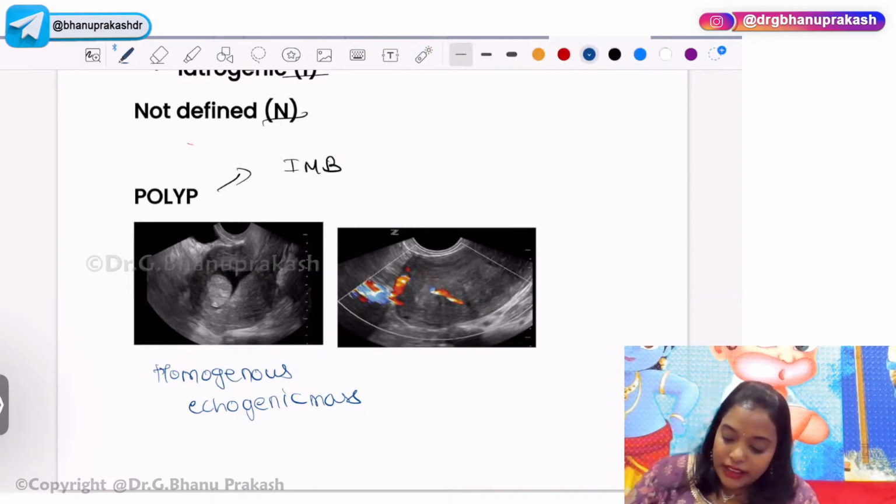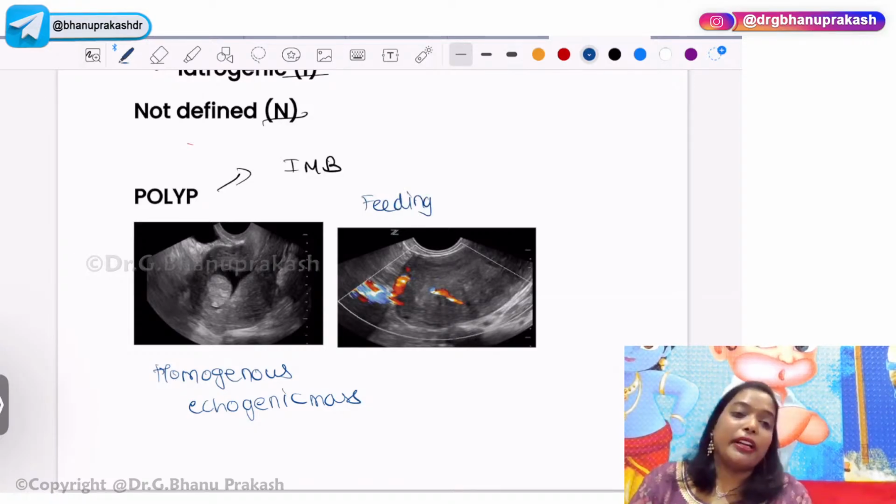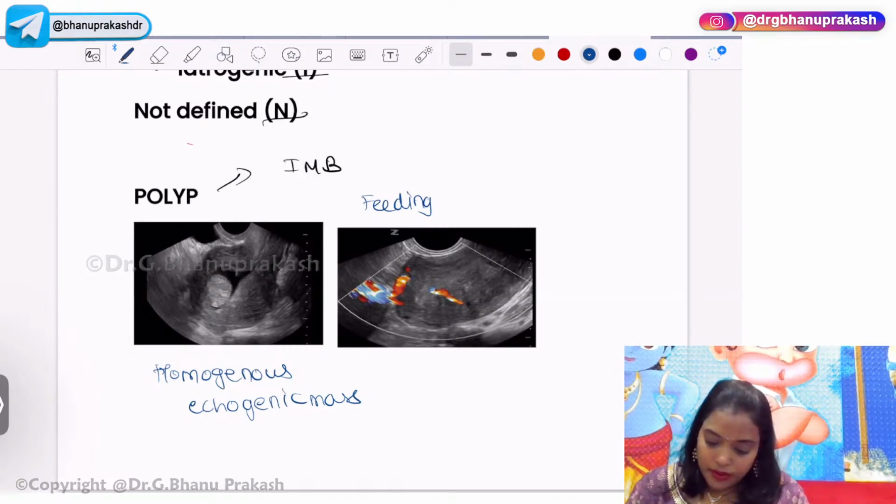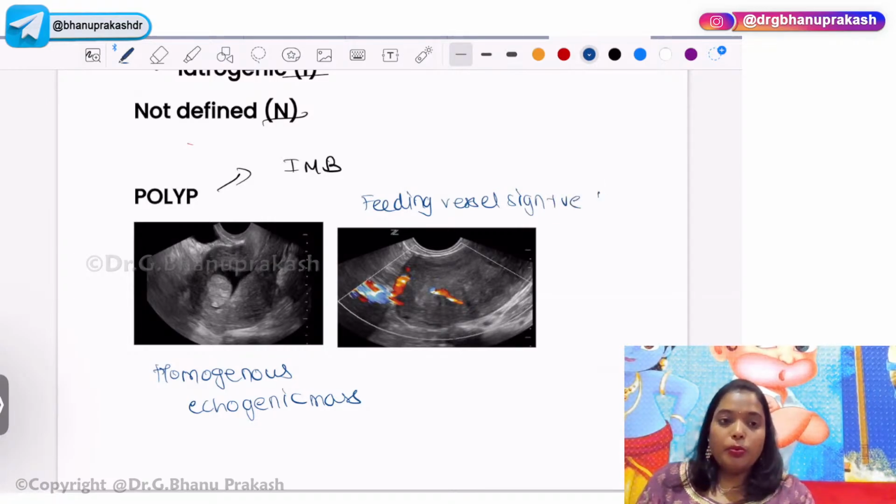That we call feeding vessel sign positive. Ring of fire appearance is in ectopic pregnancy. So the main symptom of the polyp will be intermenstrual bleeding. It is a homogeneous echogenic mass, and you will see one vessel going inside that mass, that is called feeding vessel sign positive.